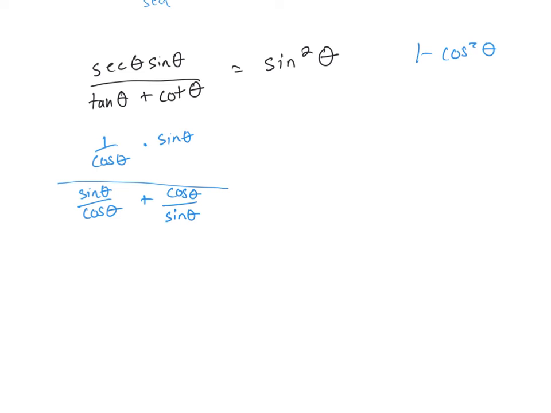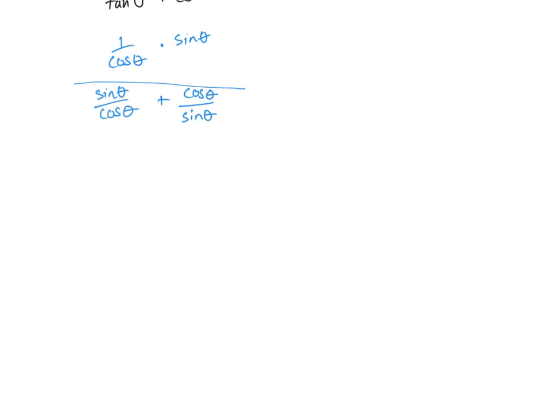Let's simplify this a little bit more. Here, the numerator, I'll say, is sine of theta over cosine of theta. And my denominator is still sine of theta over cosine of theta plus cosine of theta over sine of theta.